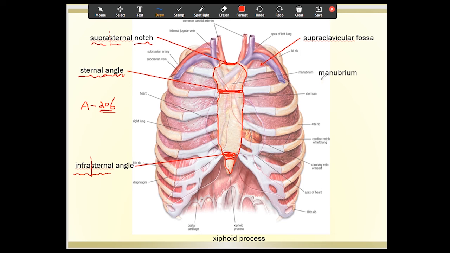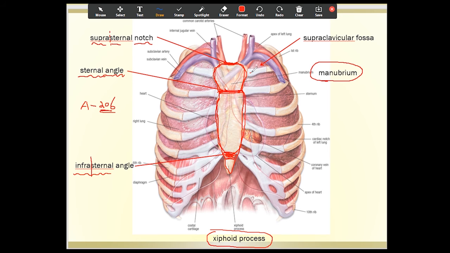The first part of the sternal bone is called the manubrium, and then the bigger part is called the body. The small part we call the xiphoid process. So that's the three parts and their names.